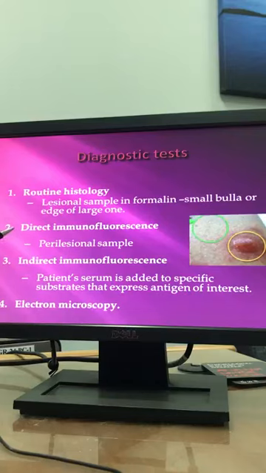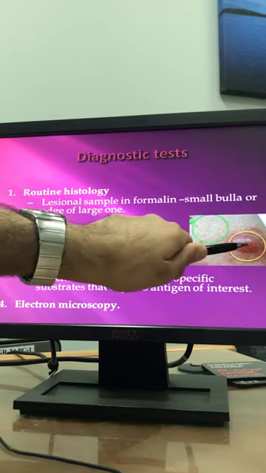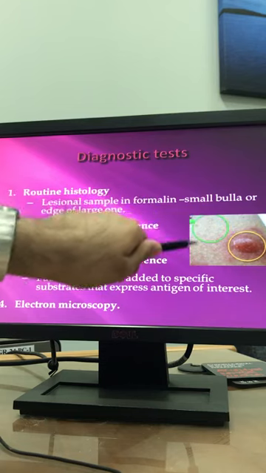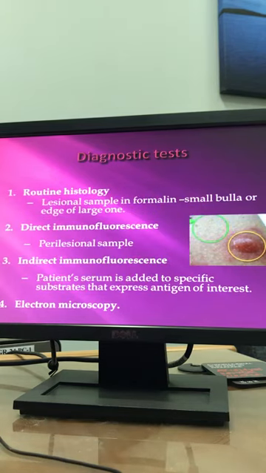Second, we take another biopsy for immunofluorescence. We don't take it from the lesional skin, we take it from around the lesional skin in this area. Why? Because we will send it for immunofluorescence. Immunofluorescence is a technique where you add specific antibodies to the tissue, and those antibodies will recognize the antigen.